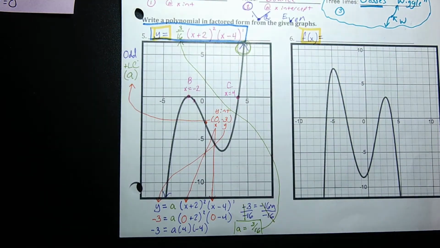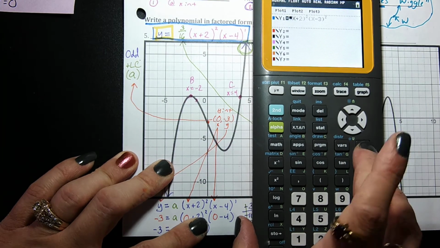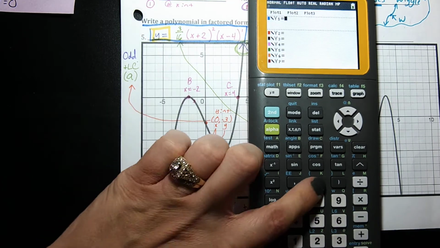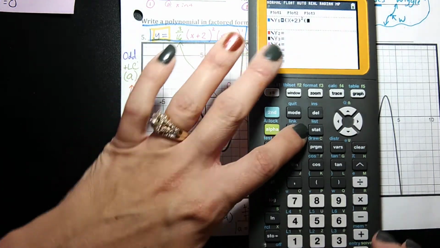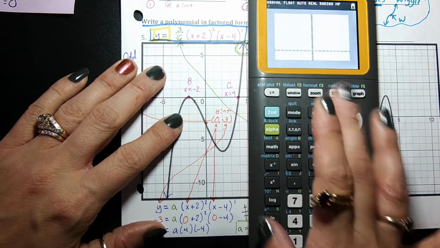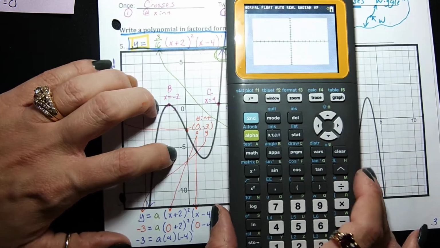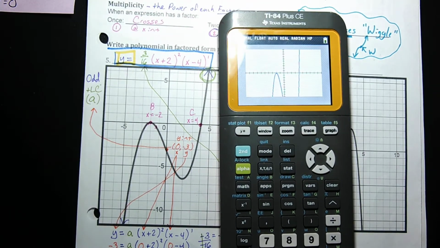Now, if you're wondering, I don't really like that 3 over 16 value. Did we have to find it? I want to show you what happens if we just had (x plus 2) squared and (x minus 4). If I don't put in that a value, does my graph look pretty close? Yeah.